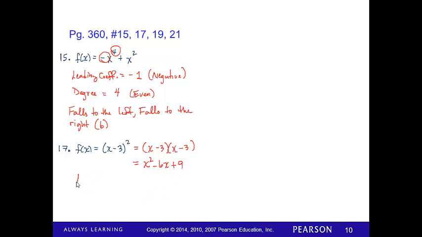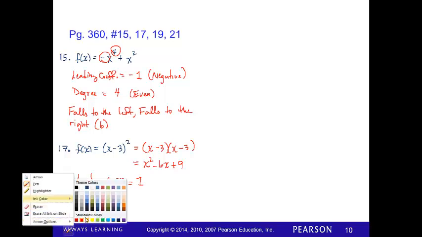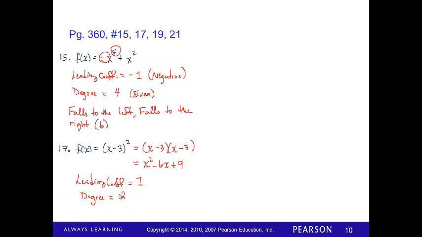Okay, so now we can determine the leading coefficient, which we get to be a positive 1, and we can determine the degree of the polynomial, which we get to be 2. So now we have an even degree with a positive leading coefficient.